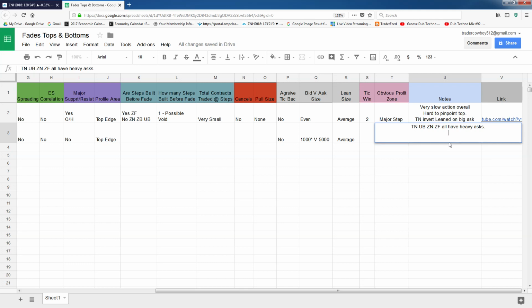And what I'm noticing here is ZN, and this is before fade.